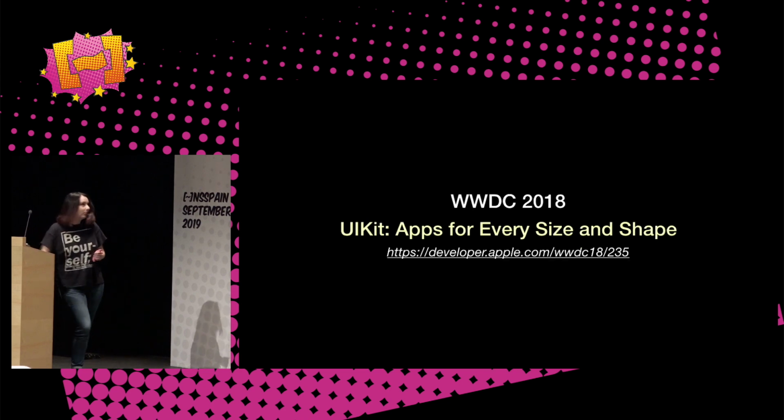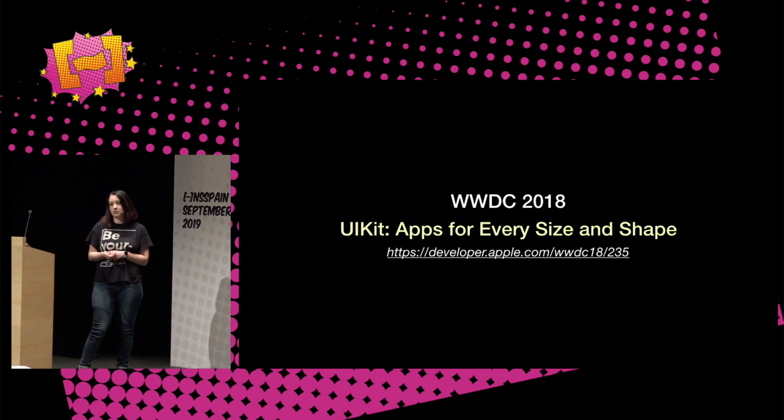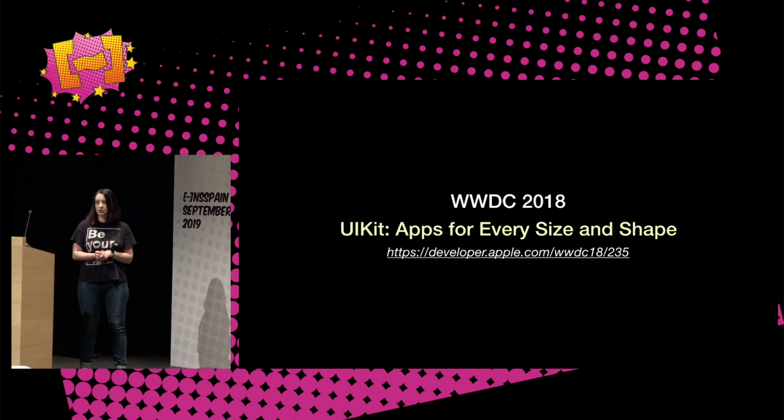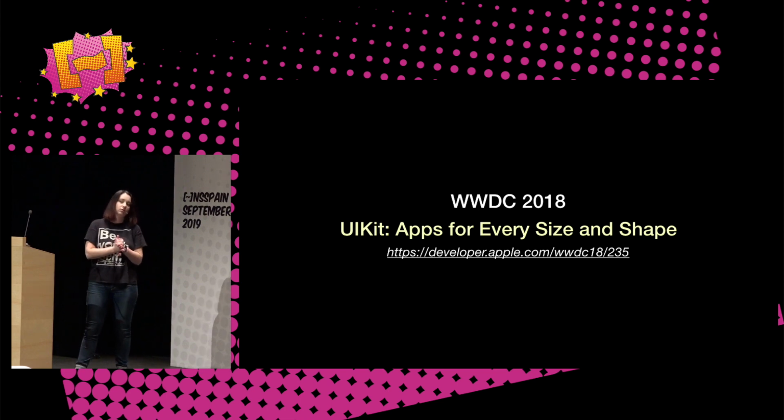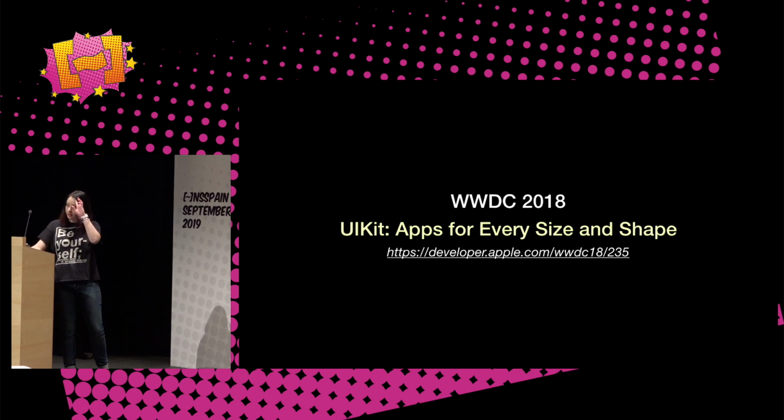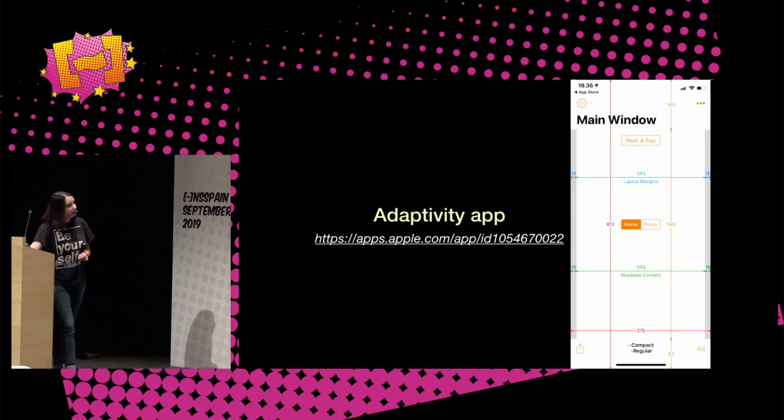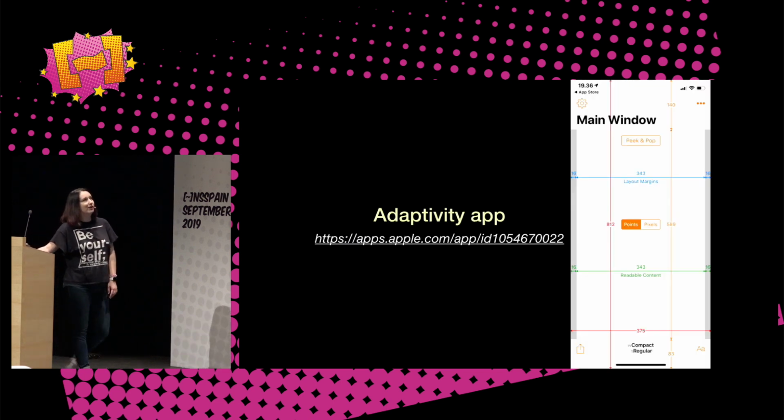All right. So if you want to learn more about this, there's a really great session from WWDC last year called Apps for Every Size and Shape. And it goes into very, very much detail into how layout margins, safe area, scroll views, and all of these parts interact in UIKit. And if you haven't seen it before, I really recommend it.